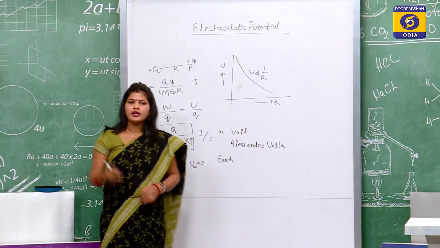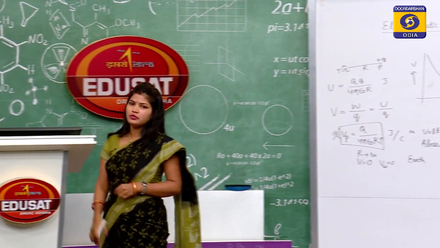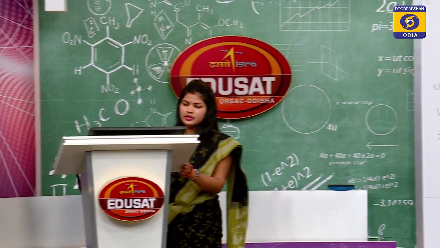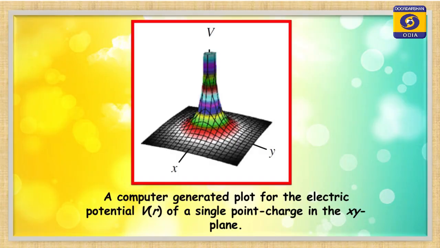Now, let us see a computer generated figure of potential for a single charge. See, this figure shows a computer generated plot for the electric potential V(r) of a single point charge in the xy plane. The magnitude of potential increases as r tends to 0 and is plotted vertically.